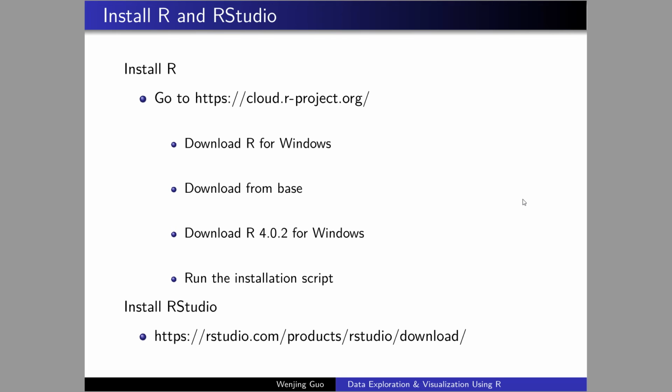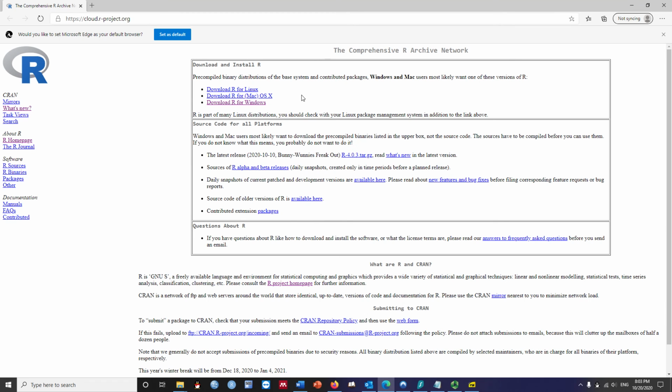Now let's see how to install R and RStudio. To install R, we need to go to this website, so please click this link. It navigates us to the R website. And you can see here we have 3 options: download R for Linux, download R for Mac, and download R for Windows. I will show you how to download R for Windows.